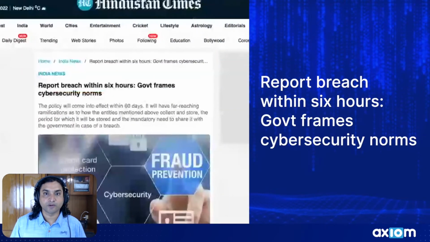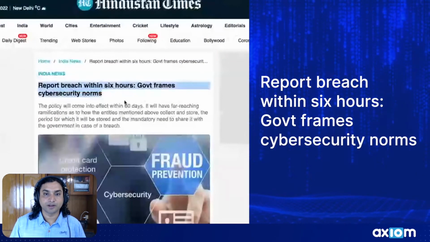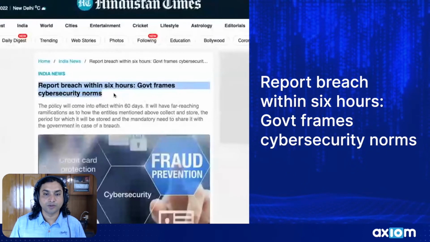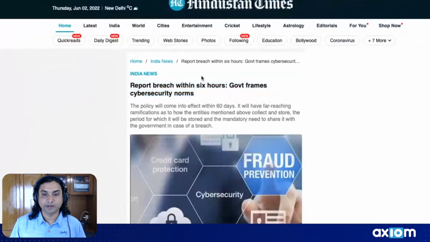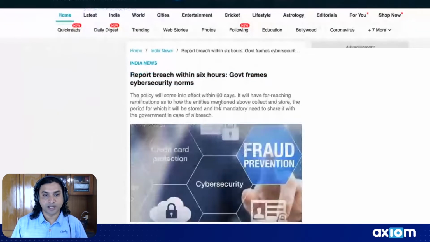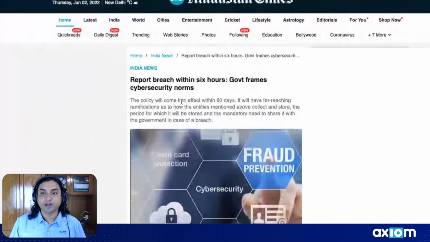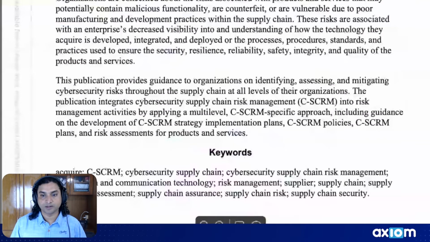Takes me to an interesting story that happened in India. There is a new framework that is coming in place in India, for Indian companies, that you have to report a breach within 6 hours. This is very powerful. You see here, it took them 4 months to basically disclose it and fix it, right?